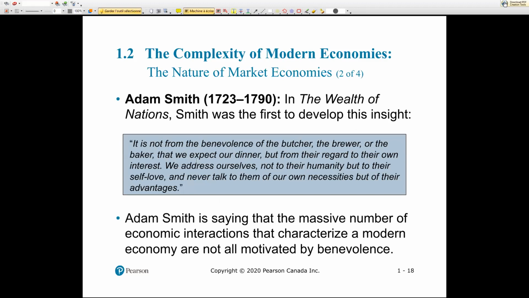In the same way, we don't give them money because we like them. We give them money because we like meat, we like beer, and we like bread. So that's what creates exchange, and that's what allows economies to be well managed. These interactions.